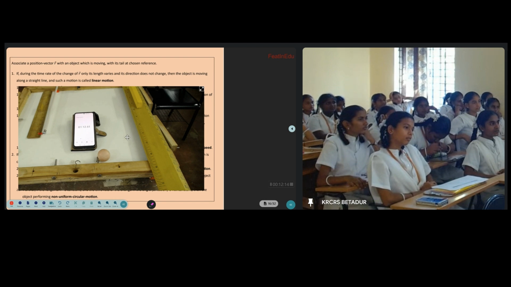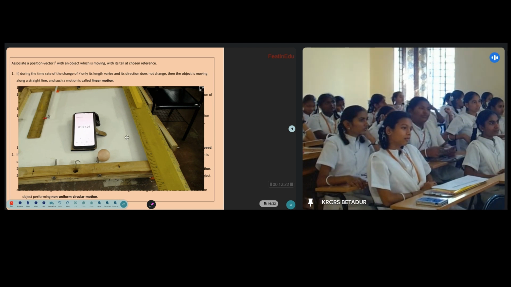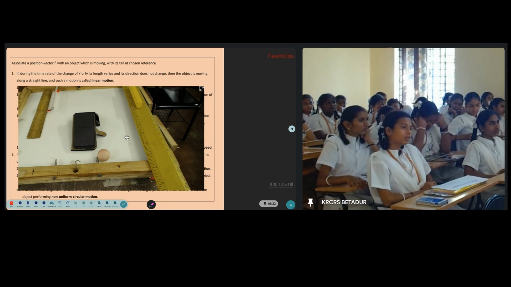Now the second experiment. You see, the object is moving in which direction? Towards the reference point. But what is the direction of the position vector? Opposite. The position vector is towards this direction. Correct?